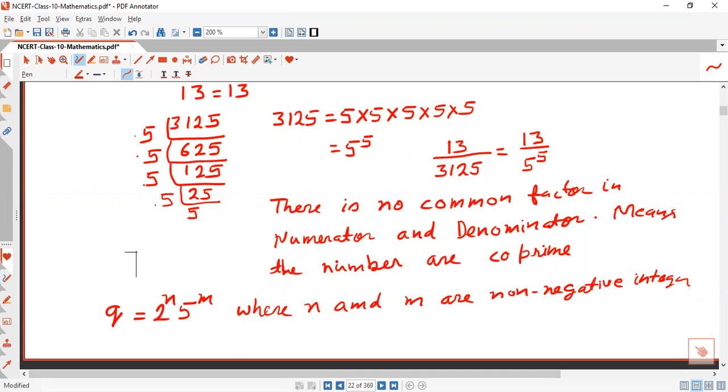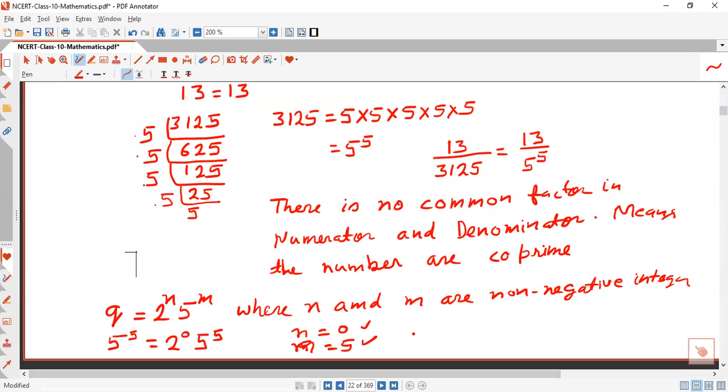The denominator is 5 raised to 5, which can be written as 2 raised to 0 and 5 raised to m, so n equals 0 and m equals 5. Yes, the denominator can be written in the form 2 raised to n, 5 raised to m, where n and m are non-negative integers.